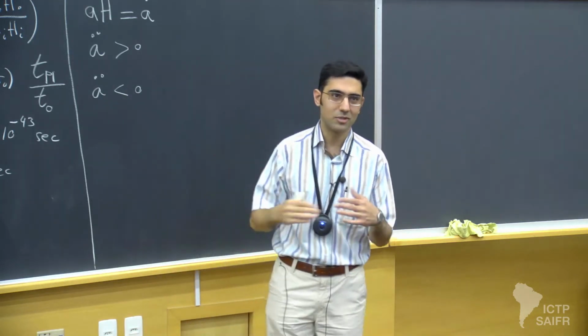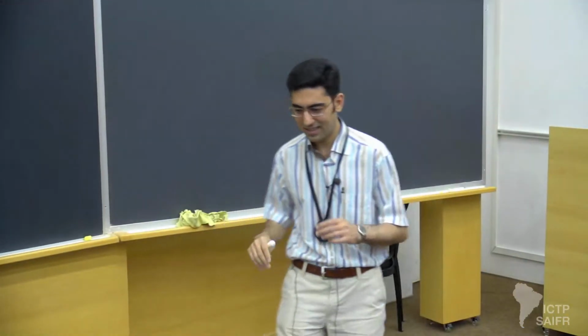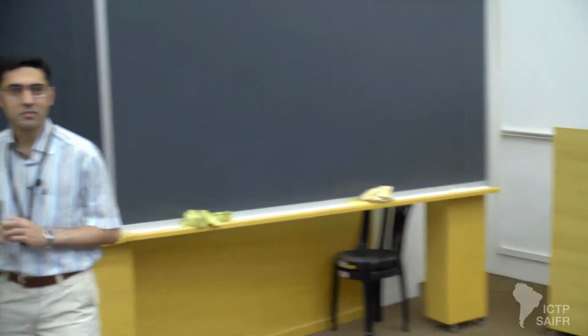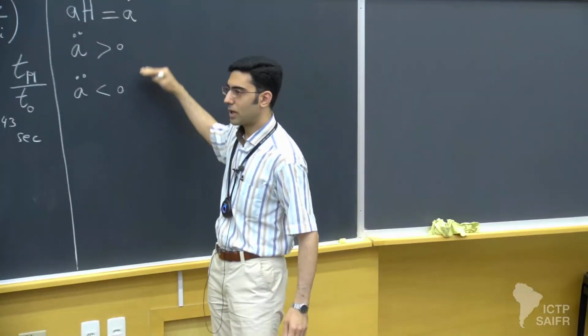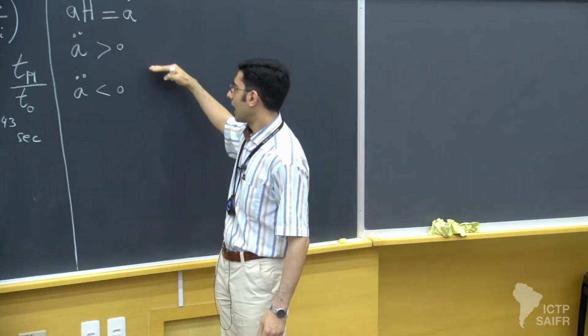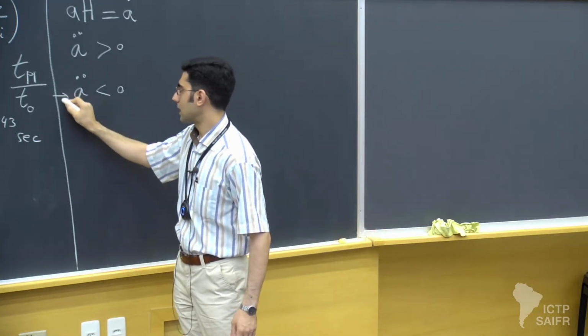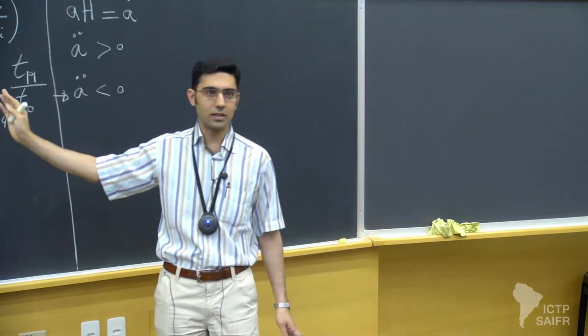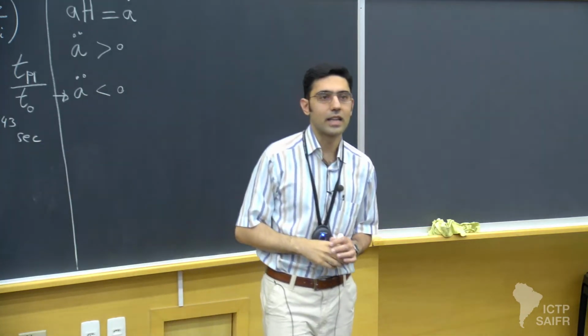Well, of course, it can also be 0, but that would be the constant case. So there are these two possibilities, and this is the one that we get in these simple scenarios: a decelerated expansion.